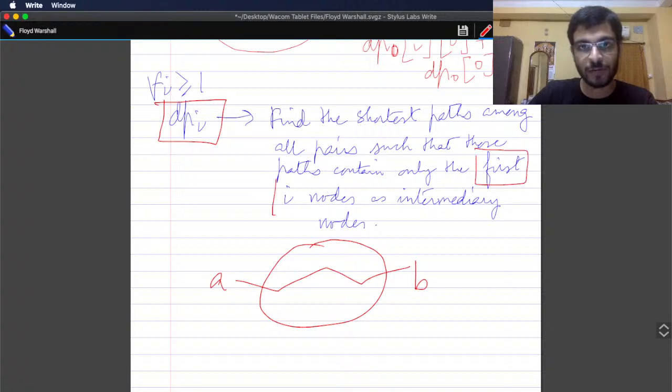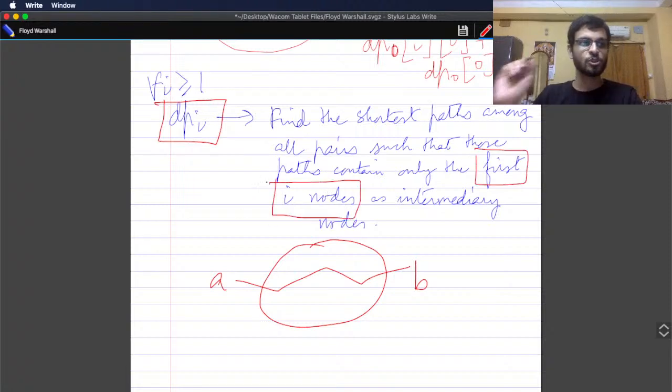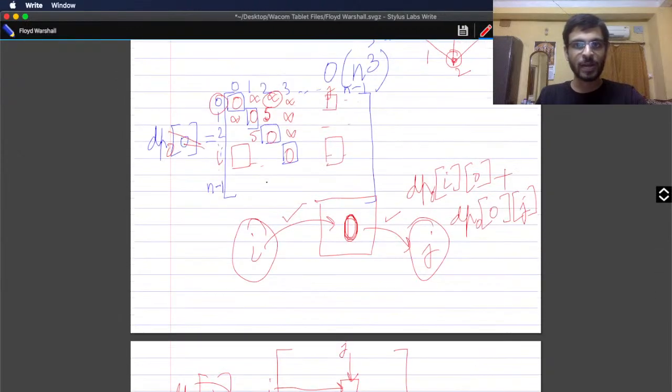What are first I nodes? 0, 1, 2, 3, 4 up to I minus 1. They are the first I nodes. Now let us see what we have done in dp0. In dp0 we have said that the first 0 nodes I am concerned about. First 0 nodes means none of the nodes. So there should not be any intermediary nodes.